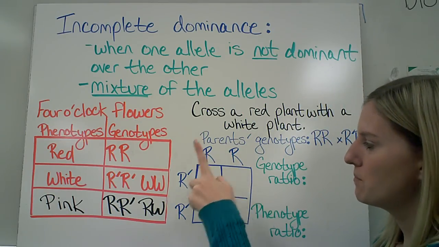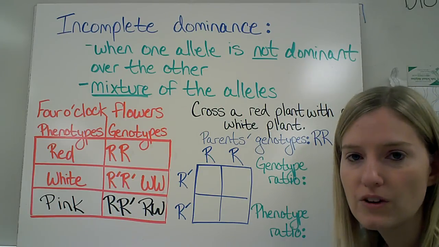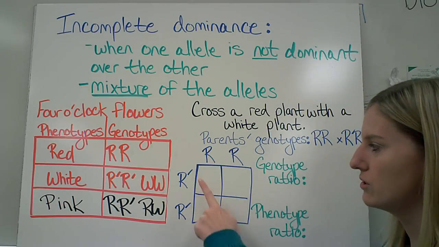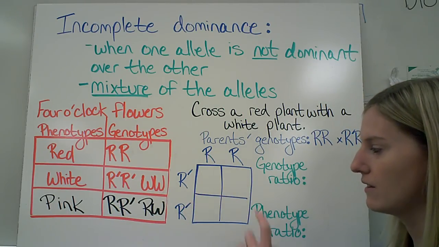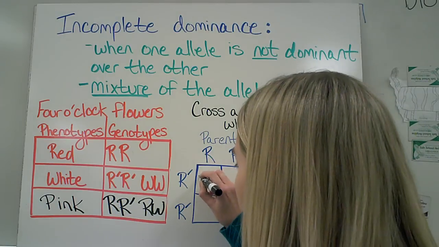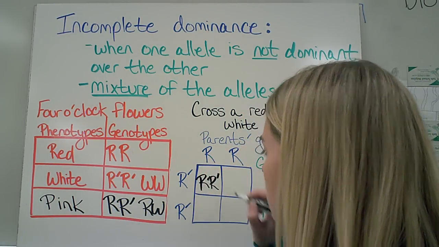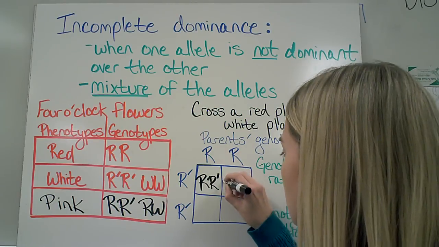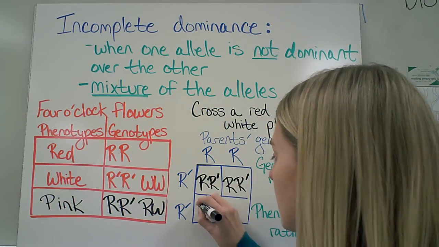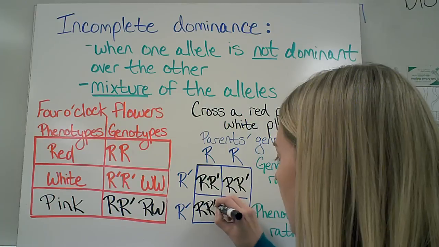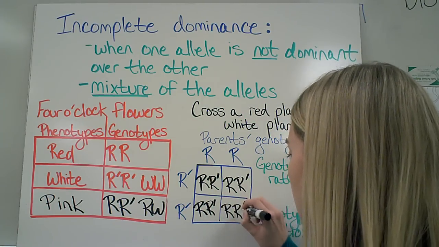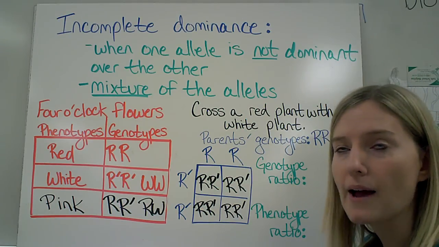Okay, so I filled out our Punnett square for us, and we'll fill in the boxes just like we always do, bringing the top down and then whatever's on the side in. So I'd have big R, R prime in the first box, big R, R prime in the second box, and we see that they all end up being big R, R prime.